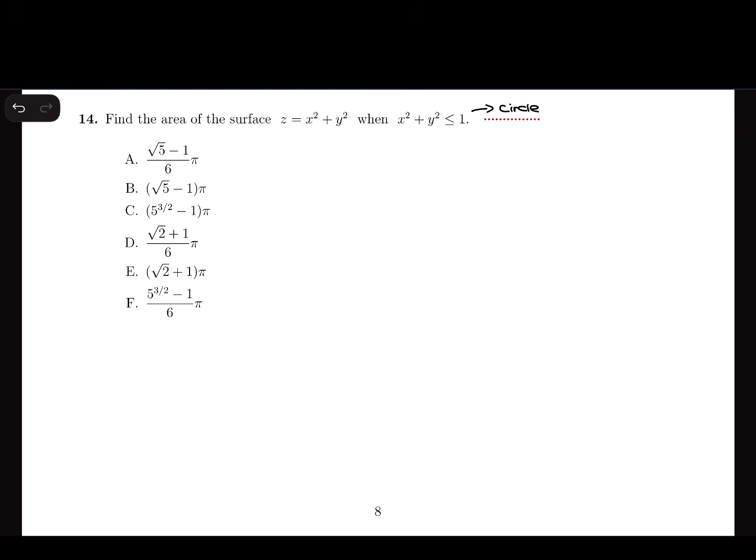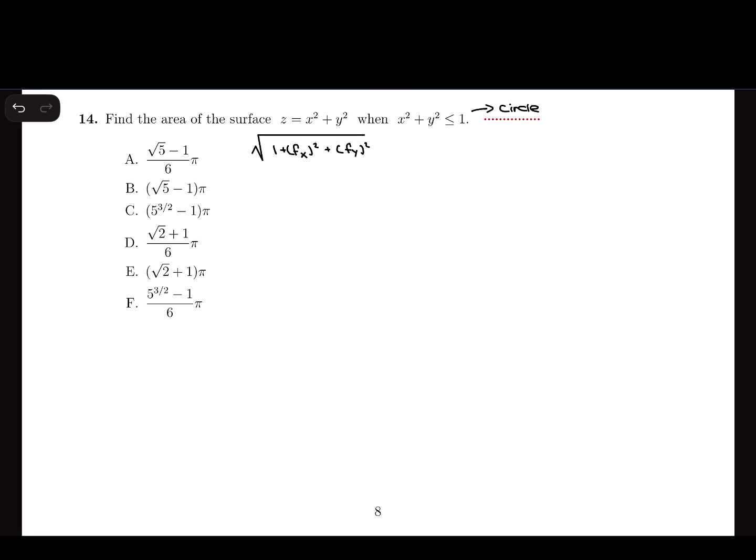Now, in order to find the surface area, there's 2 to 3 main methods. But there's one method, when they explicitly give you x and y, in which you can use the formula, the square root of 1 plus the partial derivative with respect to x squared plus the partial derivative with respect to y squared.